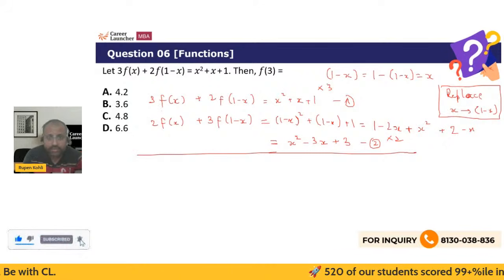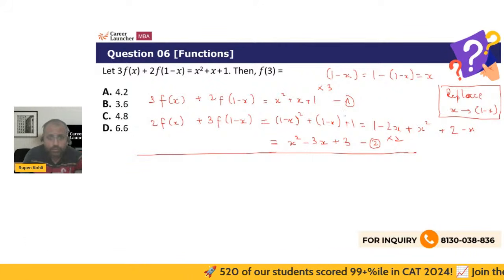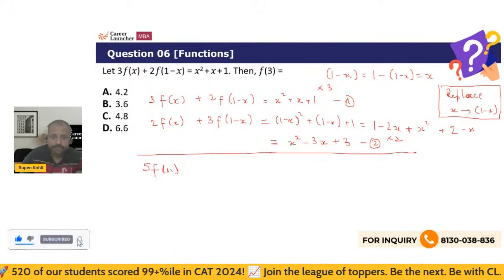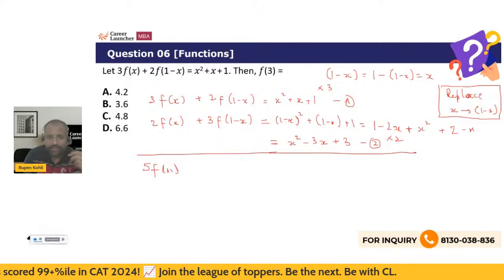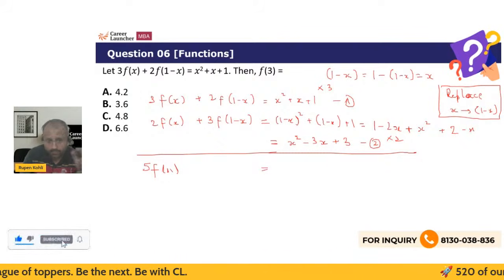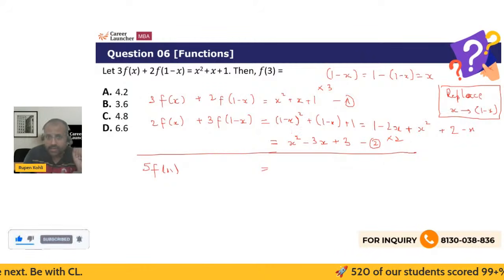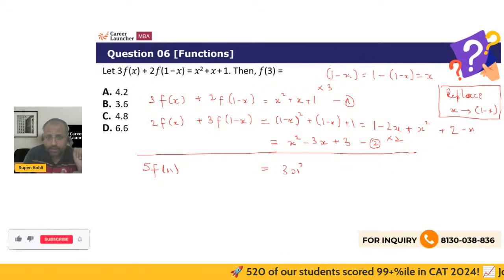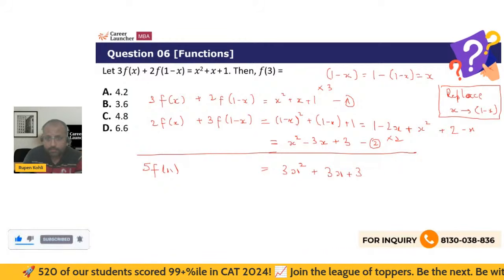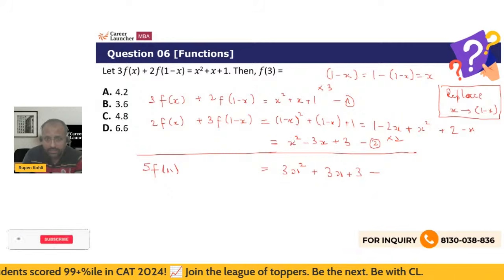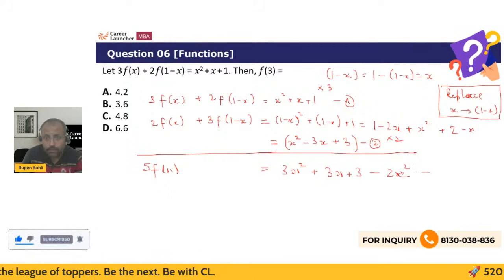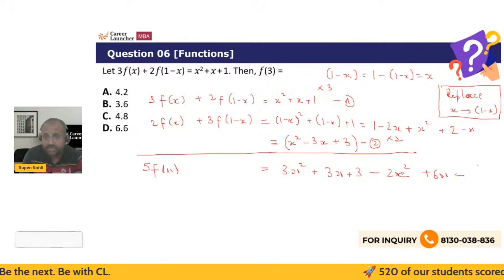3 into 3, 9f(x) over here, minus 2 into 2, 4f(x), so 5 times f(x). And this will go away, 6f of 1 minus x cancels, equals thrice of this, so 3x squared plus 3x plus 3, and minus twice of this, so minus 2x squared plus 6x minus 6.